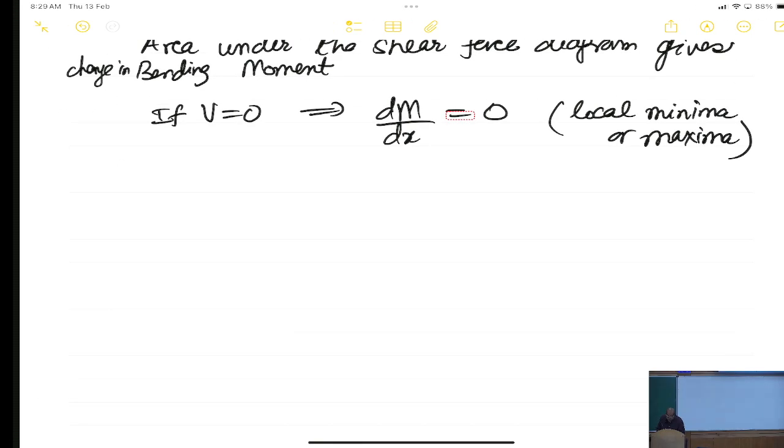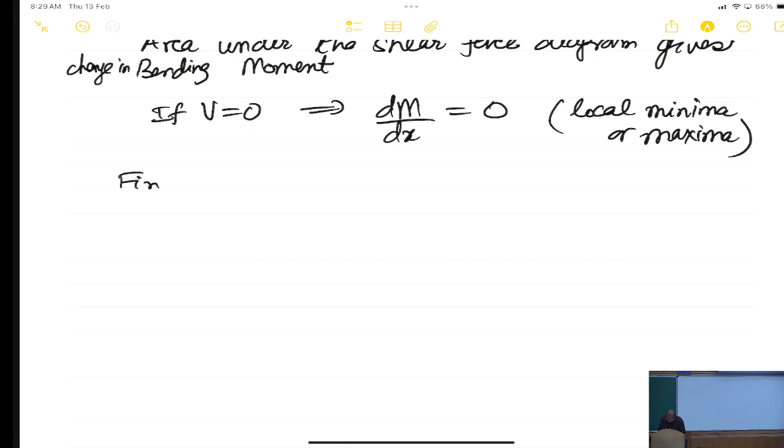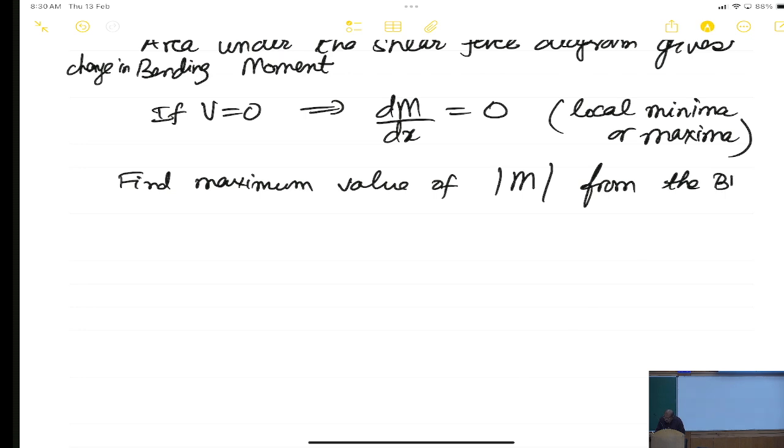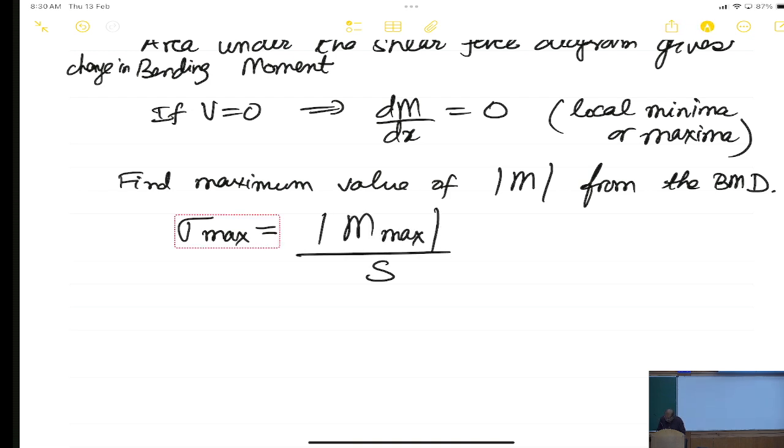So, we find the maximum value of the modulus of M from the bending moment diagram, and sigma max will be equal to the magnitude of M max divided by S, where S is equal to I upon c.